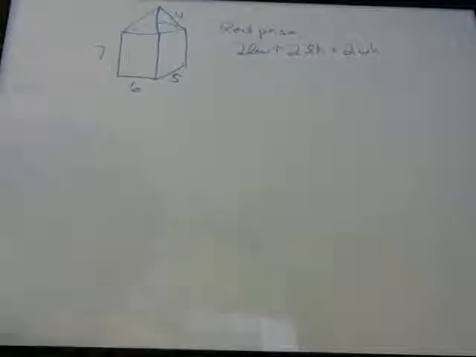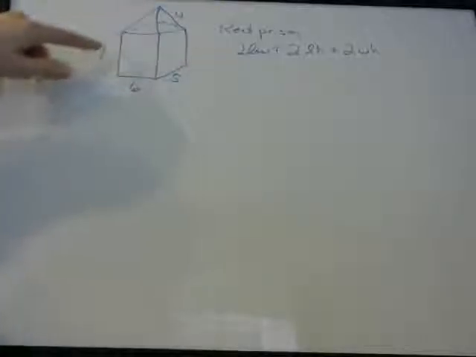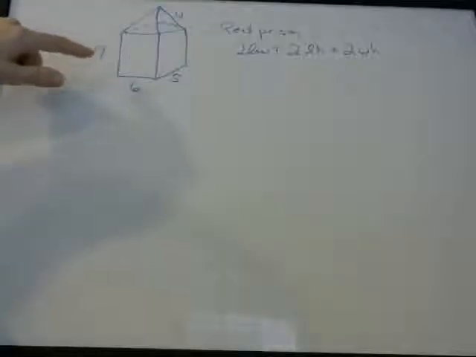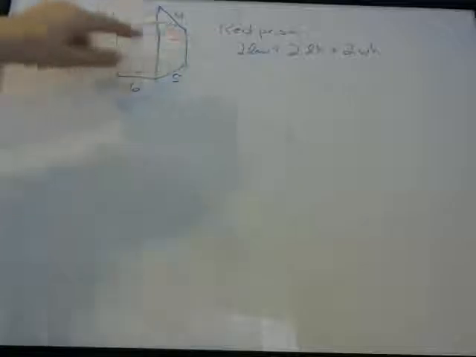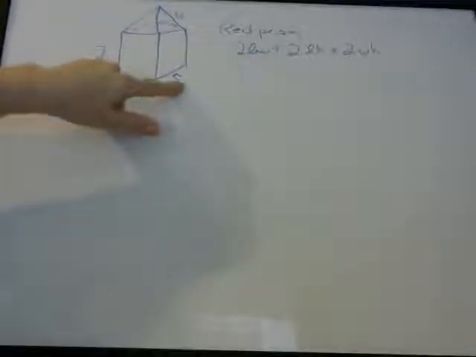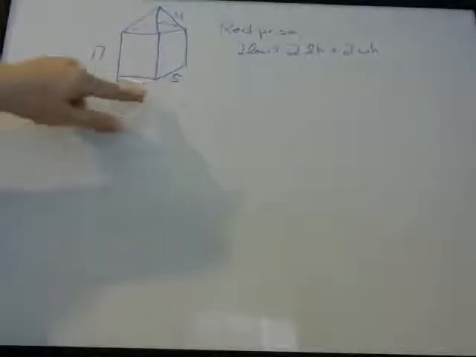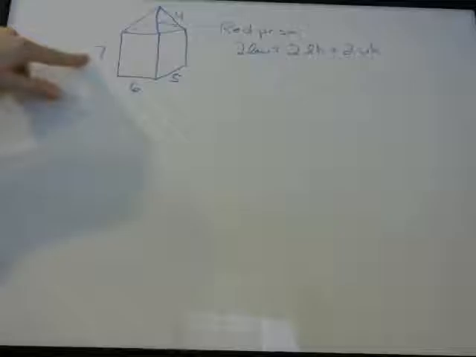Now remember, think of this logically. What are we trying to do? We're trying to find the area of each of these faces, essentially, and then we're going to add them all together. So the length times the width, that's the base, that's the bottom, right? The length, we're going to call this the length, that's the width, this is the height.